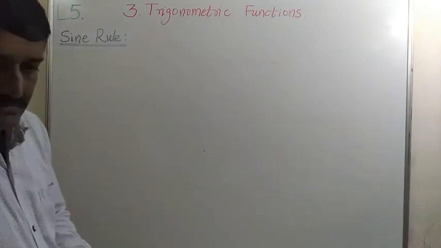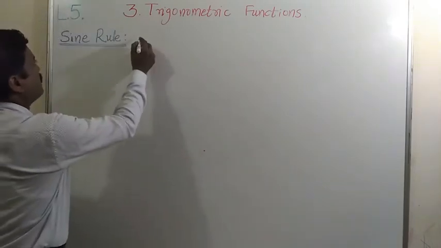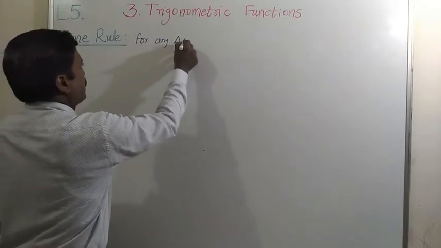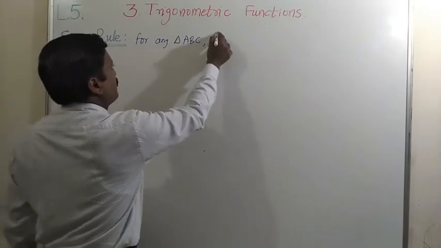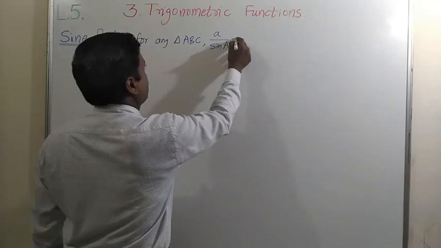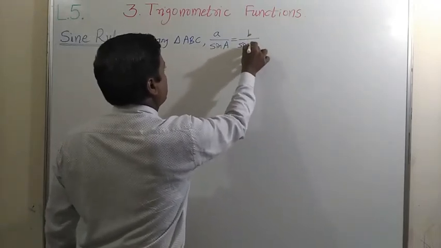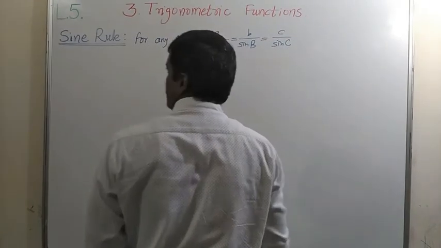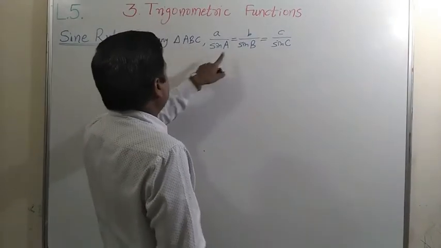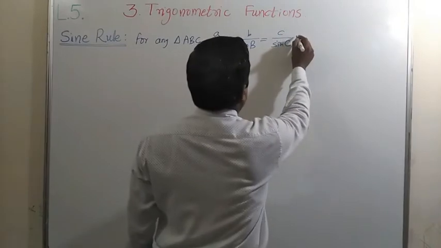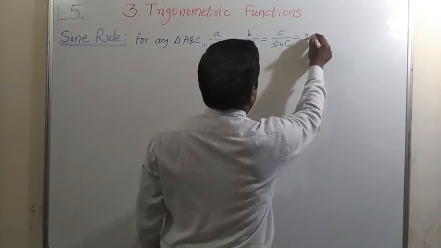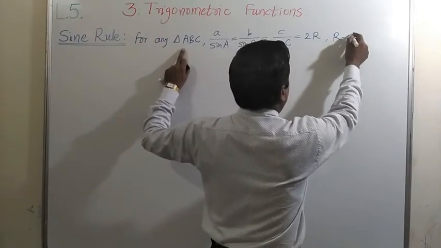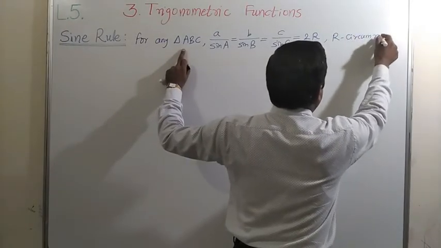For any triangle ABC, a upon sin A is equal to b upon sin B is equal to c upon sin C, where small a, b, c are the sides of the triangle and the angles are capital A, B, C, and it is equal to 2R, 2 times the circumradius of triangle ABC, where this R is nothing but the circumradius.